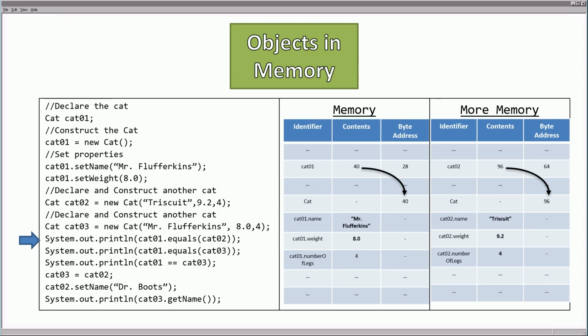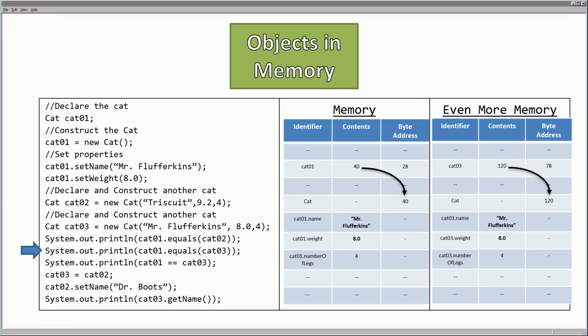So now, if we look at the first two cats, cat1 and cat2, if we call dot equals, it's going to compare the name, which is not equal, the weight that is not equal, number of legs, which is equal, but since the rest of the properties were not equal, it's going to return false.